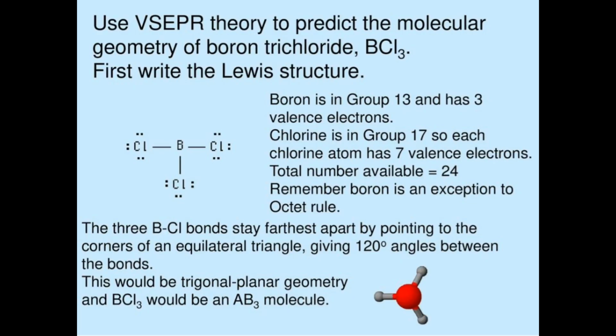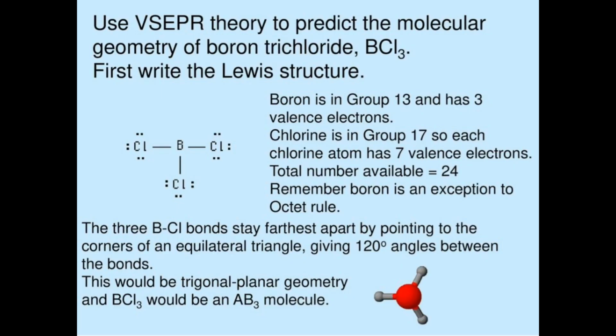Now there is an exception to the octet rule for boron. Boron, because it's a metal, can only donate 3 electrons, so it would be left with 2 and it is not an octet. It will still be stable, because you only get stable when you have a duplet or octet configuration. The 3 B-Cl bonds stay farthest away by pointing to the corners of an equilateral triangle, giving 120 degree angles between the bonds.